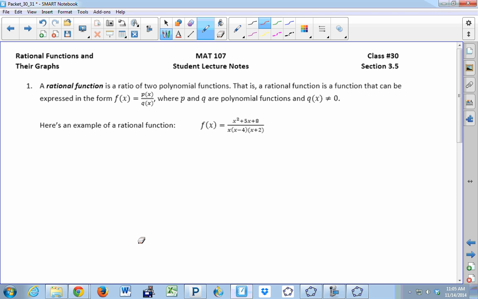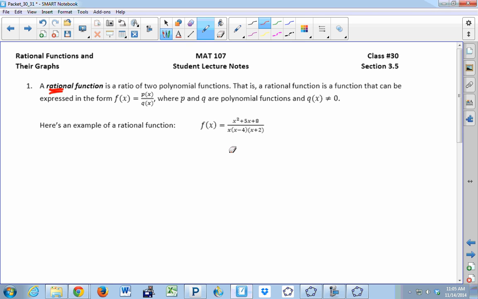Rational function, when you see the word rational, I hope you think of me. No, I hope you think of the word ratio. Ratio means the comparison of two quantities through division. So in this particular case, we're actually comparing two functions through division, and both the numerator and denominator are polynomial functions.